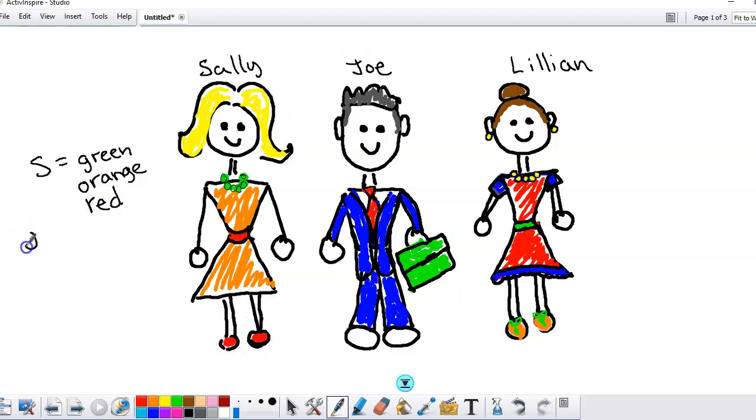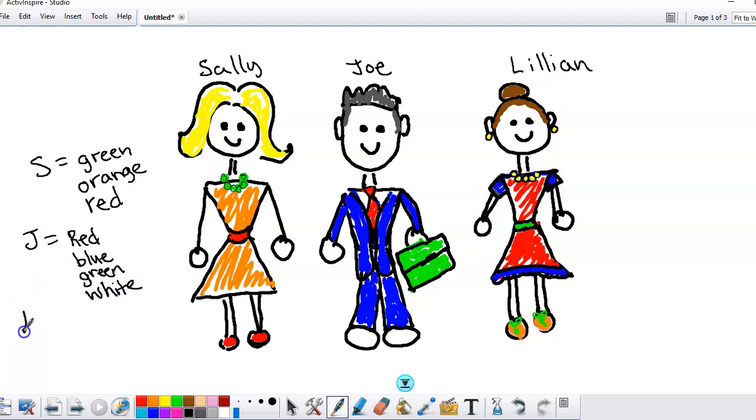Joe here, he's got the red tie, blue suit, green briefcase. So he's got red, blue, and green. I guess his shoes are white. It looks like I didn't color those in. So we'll say he's got white also.